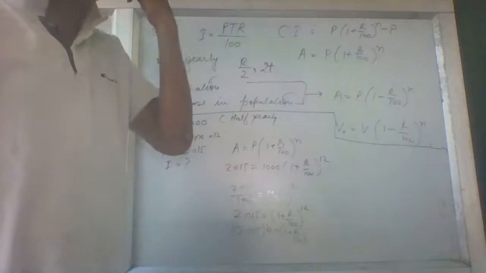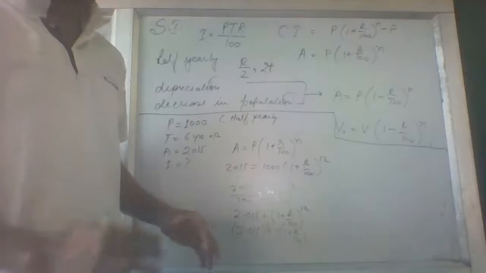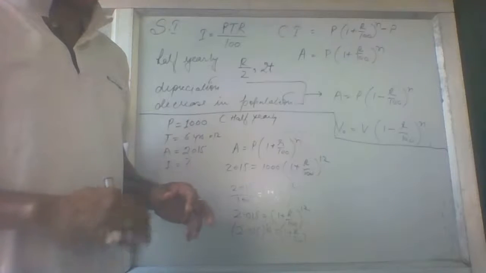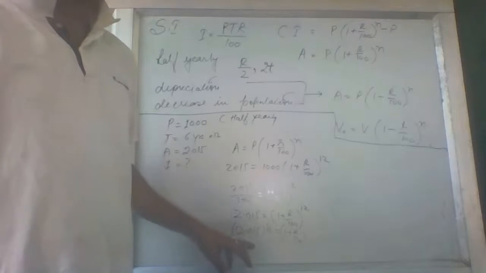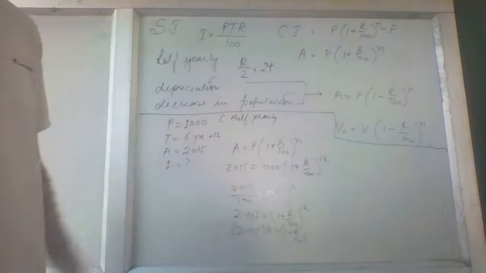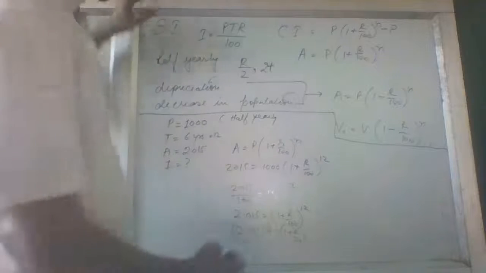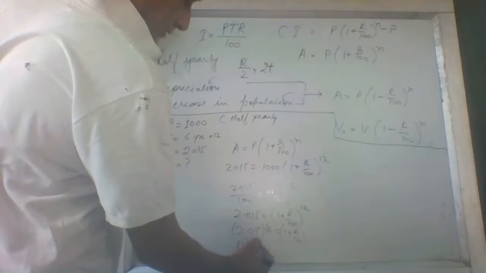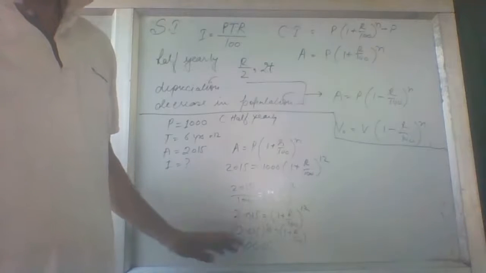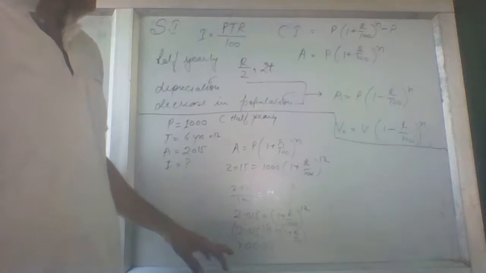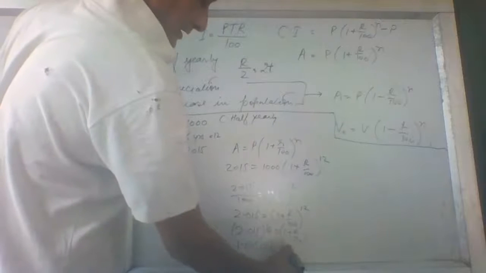Write the number over there. There it will be a digit which says the superscript, and at the superscript place the value 1 by 12 and you will find its value, and that is equal to 1.06012. This is it.